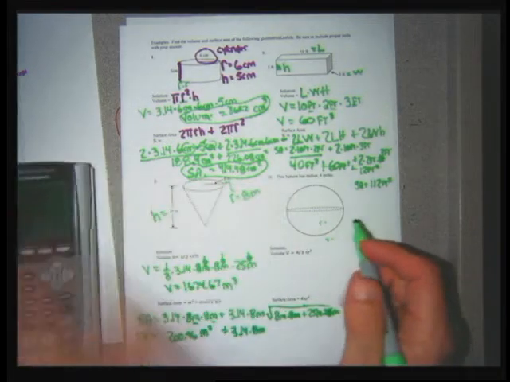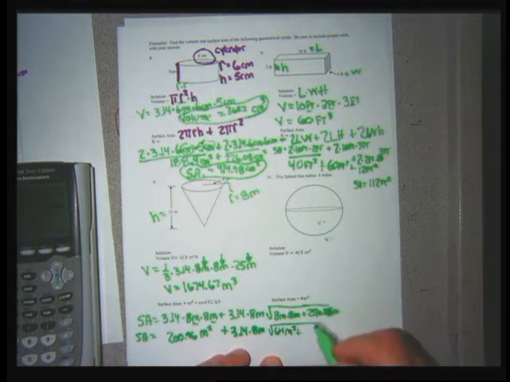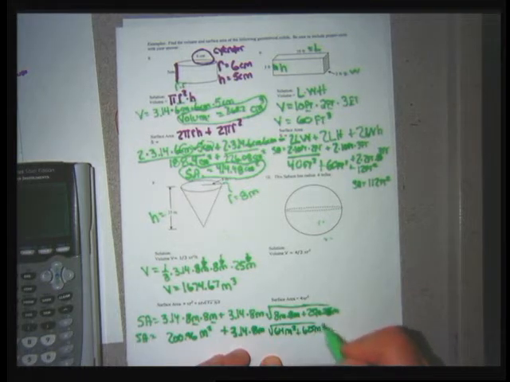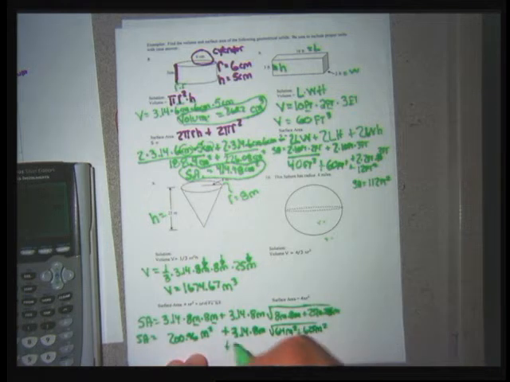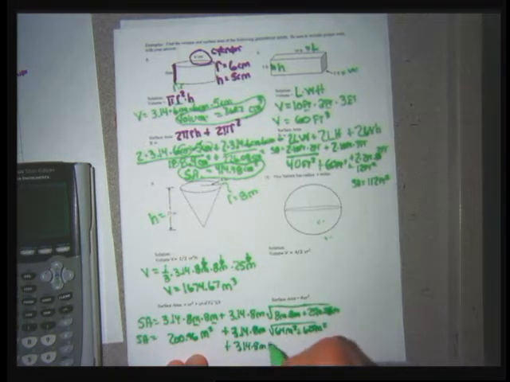Under the square root, I get 8 meters times 8 meters, which is 64 meters squared, plus 25 meters times 25 meters, which is 625 meters squared, which is going to give me the square root of 689 meters squared.